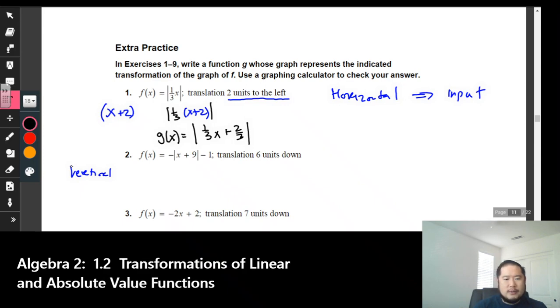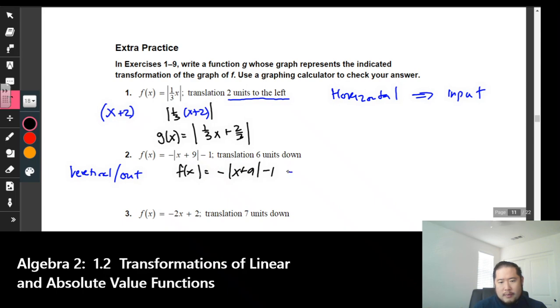Since vertical translation happens to be output, we're going to take our entire function right here, and if it's going 6 units down, hopefully that makes sense, we are going to be subtracting 6 units.